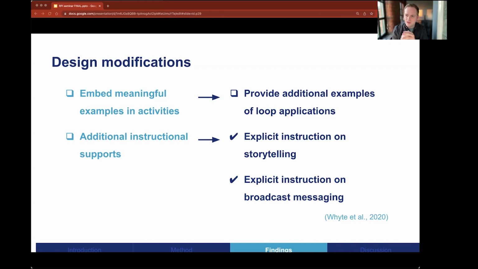And so we added additional instructional activities to help them into that process, and also examples of that. And then also explicit instruction on broadcast messaging and why you would do it, and what some of the affordances of it are, just to really make it explicit. Why would I use this code when I could use this code, which is much easier?